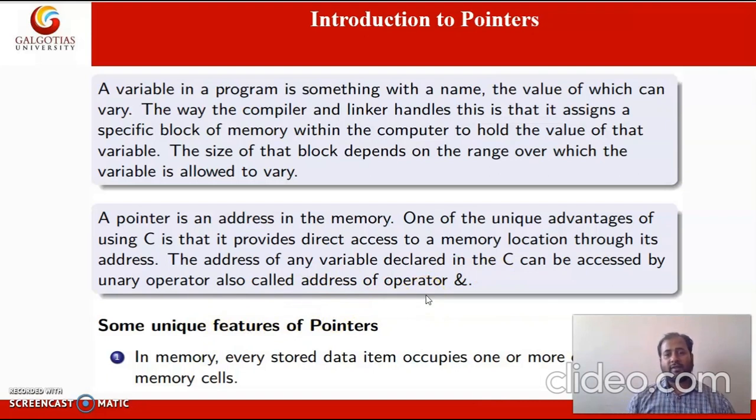What are the unique features of pointers? In memory, every stored data item occupies one or more contiguous memory cells. One or more here means that it depends on the data type.